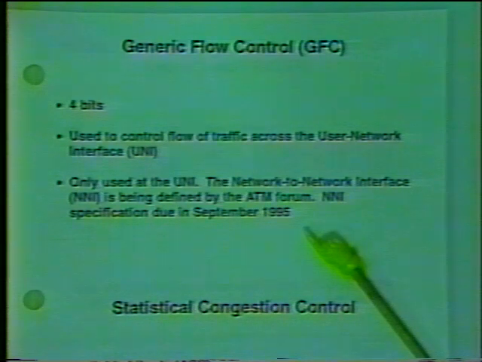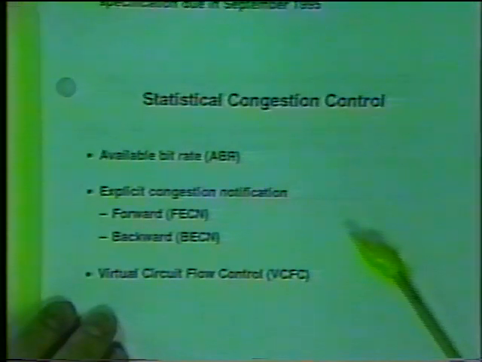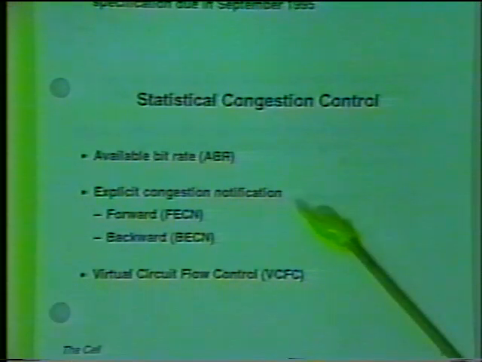And it says it's supposed to be complete in September '95. Okay, I tried to check up on this, and they have not come to an agreement yet. So hopefully by the end of the year, it'll be defined how traffic is transmitted across NNI networks using the GFC. Otherwise, on the bottom here, this field also provides the following benefits for us.